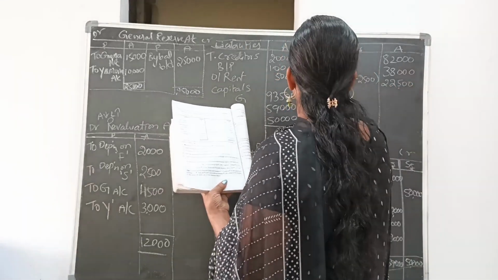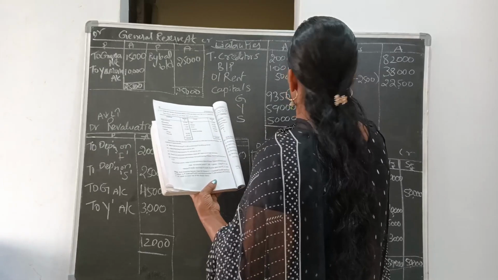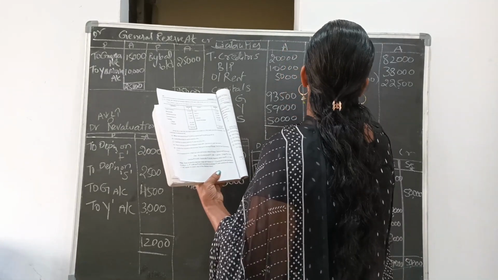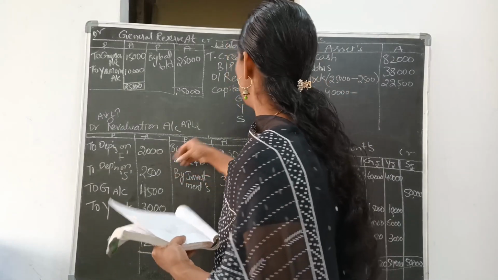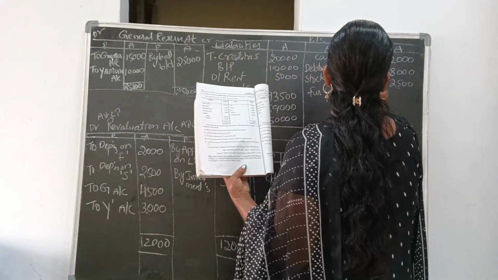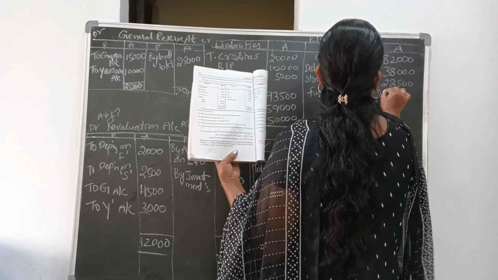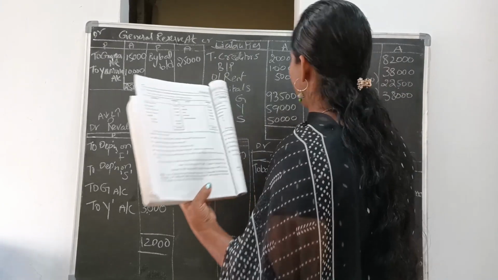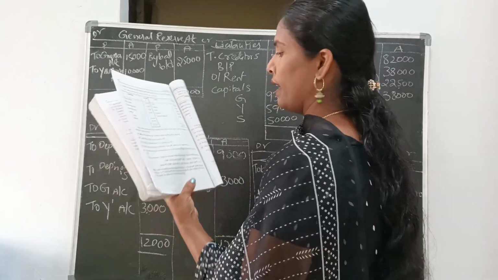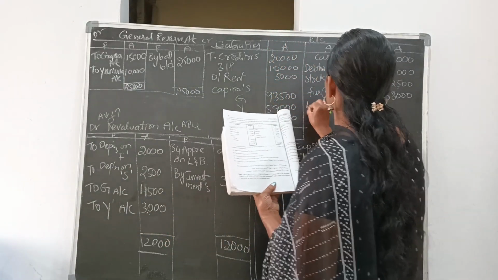Next, furniture. What is the furniture value? 40,000. What is the depreciation on furniture? 2,000. So 38,000 is the furniture value.